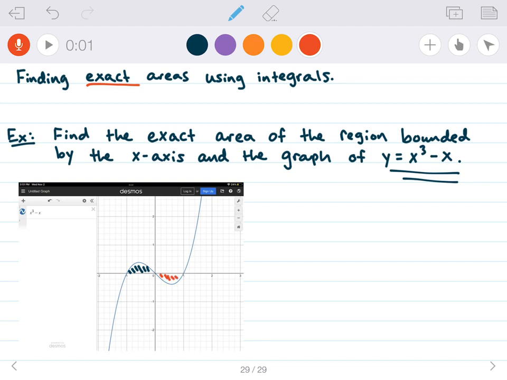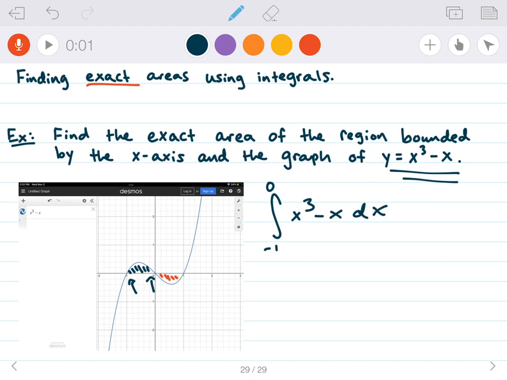Well, I'm going to separate the integral so that I can find the area, and make sure to give the appropriate signs to each area. So with the first one, actually, I'll do this in black. We're starting at x equals -1, and we're ending at x equals 0 for this black portion. And I'm doing x to the third minus x dx.